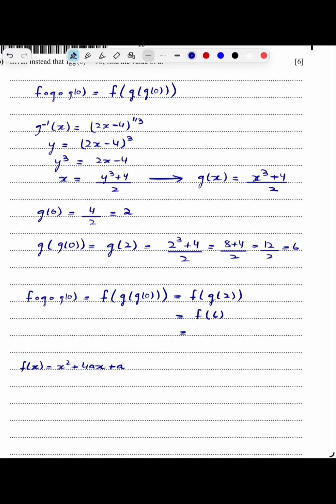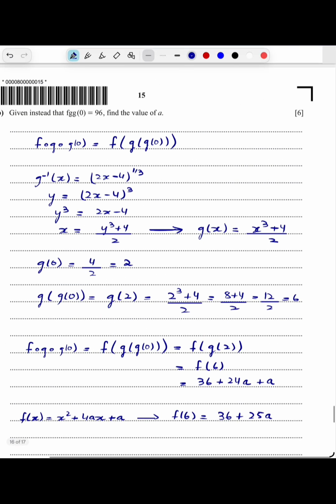So 6 sixes are 36 plus 4 sixes are 24a plus a. Here we put 6 in place of x in the function, and we'll therefore get 36 plus 25a.